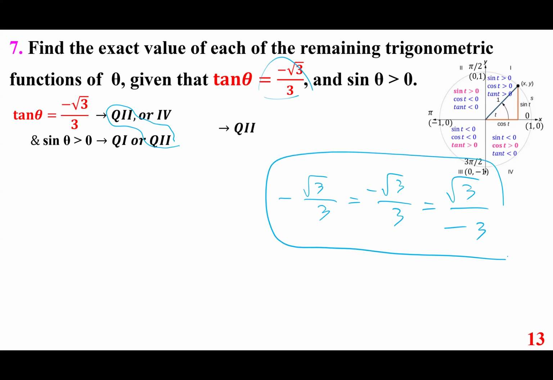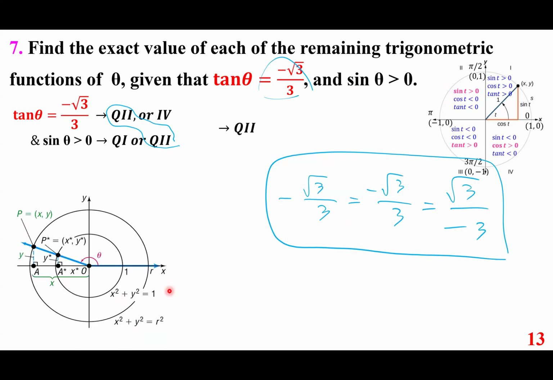They all mean the same thing. But you have to choose one of them that gives you proper values for x, y. And how do you choose it? Well, we decided it's in the second quadrant. In the second quadrant, x is negative and y is positive. So the way you write it, you have to choose accordingly. So which one do you choose? You choose this one.